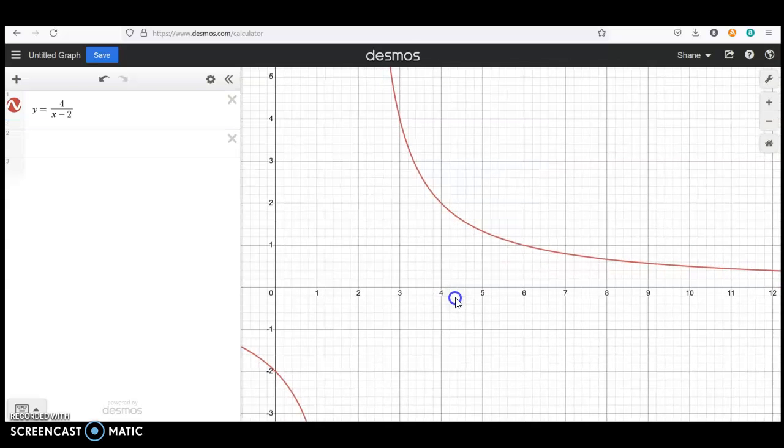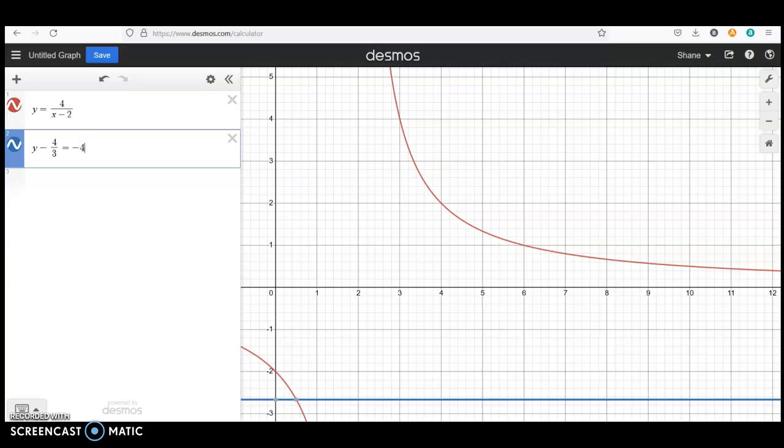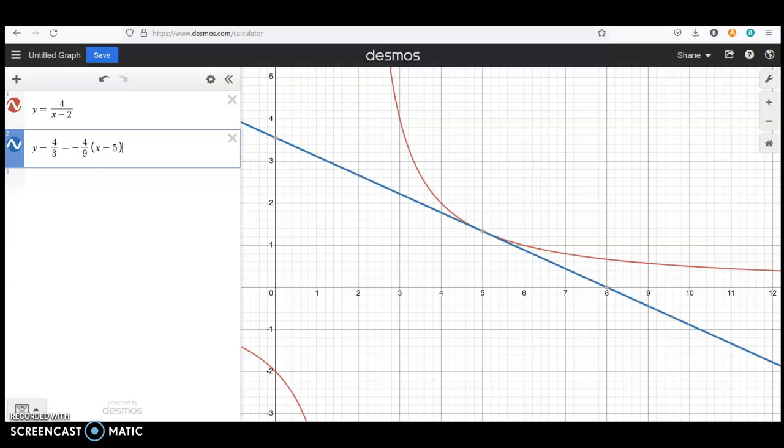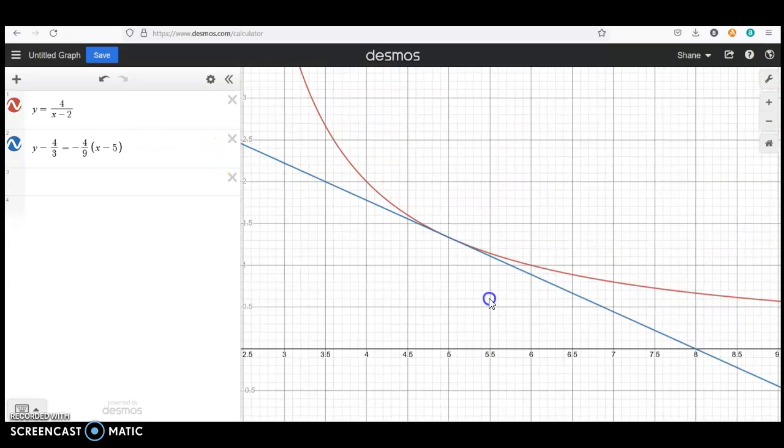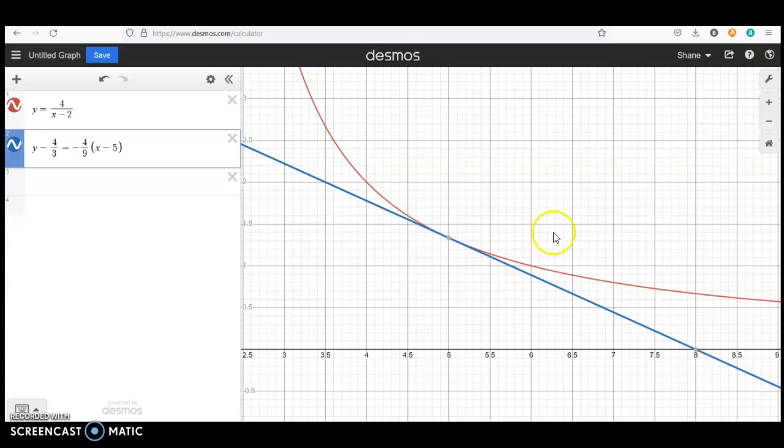So you see 5 right here. And so if I type in the equation for the tangent line that we found, y minus 4/3 equals negative 4/9 times the quantity x minus 5. And boom, you see that this is the tangent line to the curve at x equals 5.